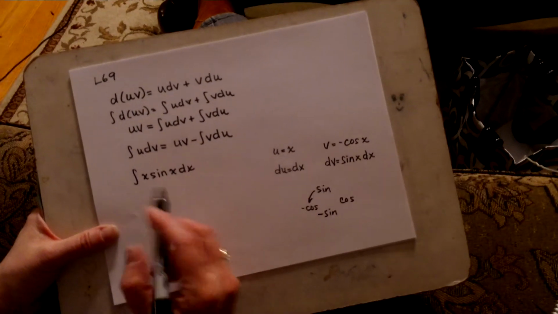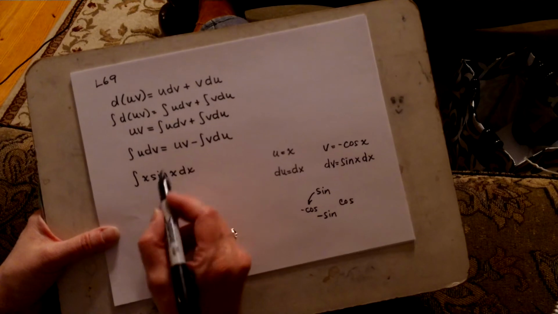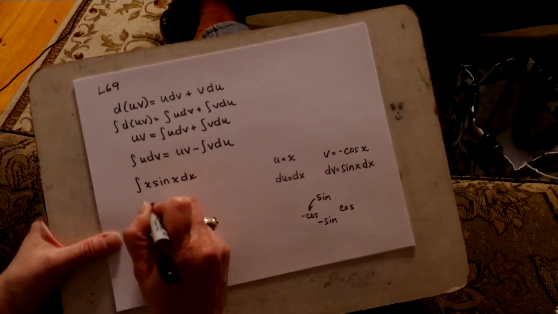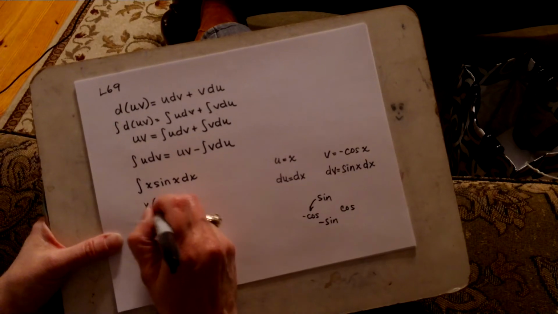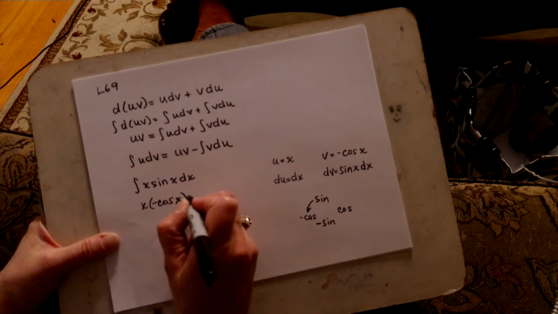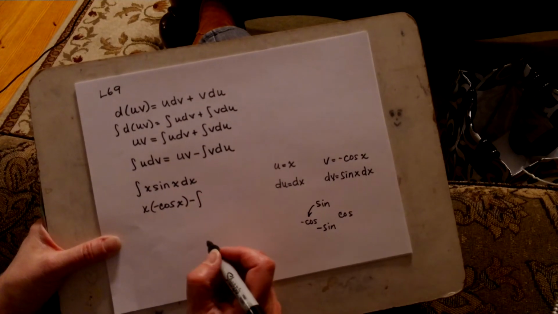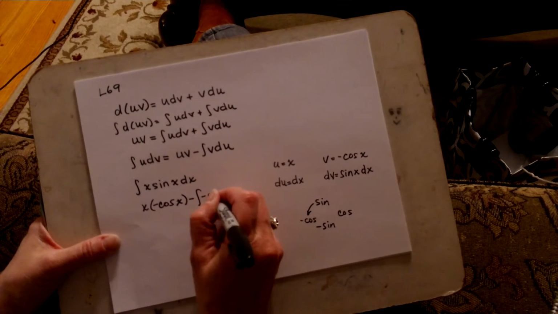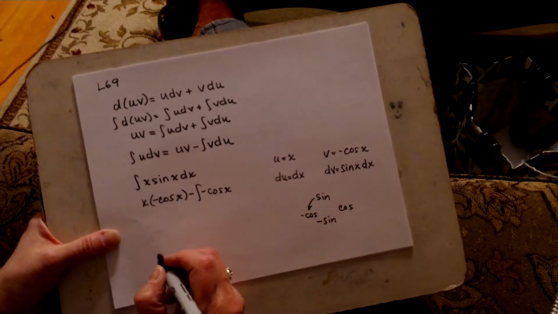So the integration of x sine of x dx is x times negative cosine x minus the integration of negative cosine x dx.